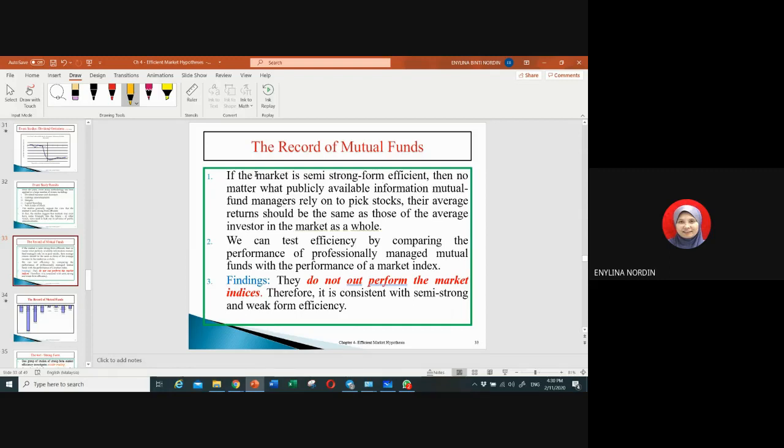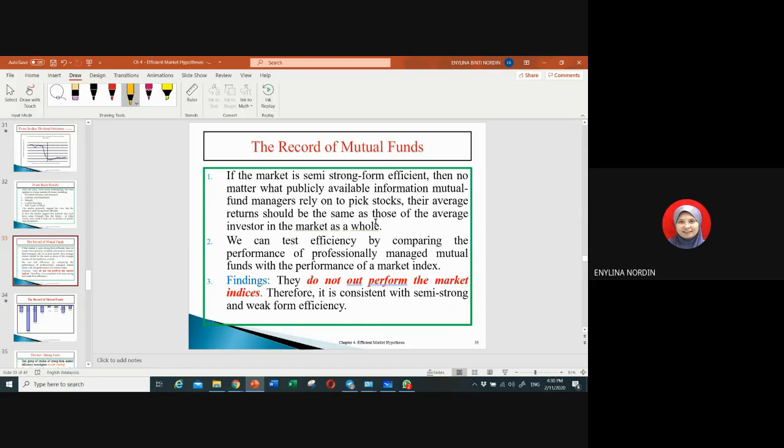If the market is semi-strong form efficient, then no matter what publicly available information mutual fund managers rely on to pick stocks, their average return should be the same as those of the average investors in the market as a whole.